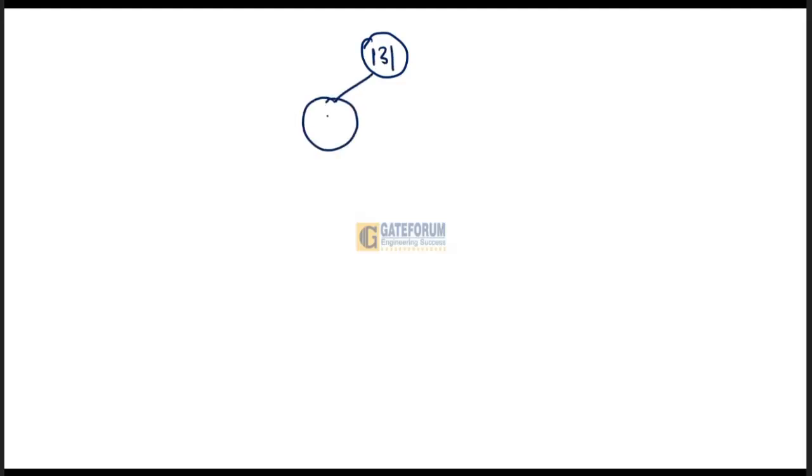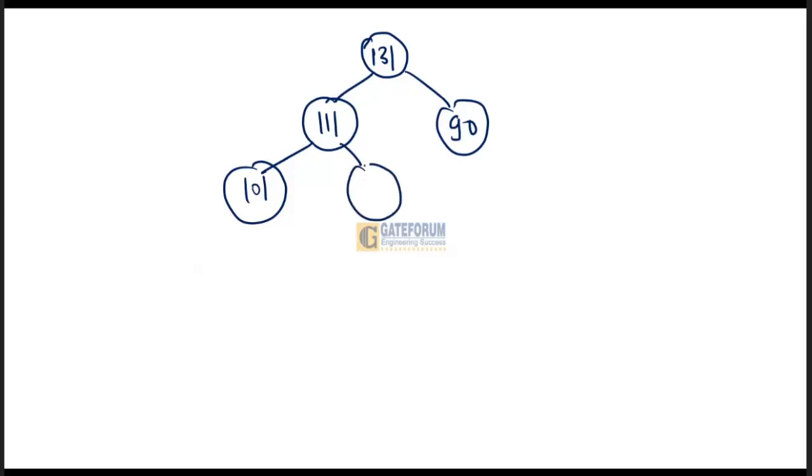Thereafter, on the left side, I have 111. On the right side, I have 90. On the left side of 111, I have 101. On the right side of 111, I have 93. On the left side of 90, it was 75, and right side 33, no change here.